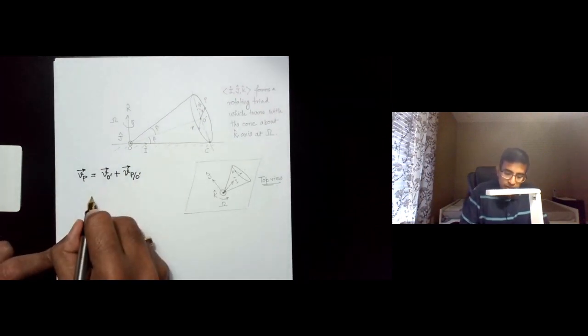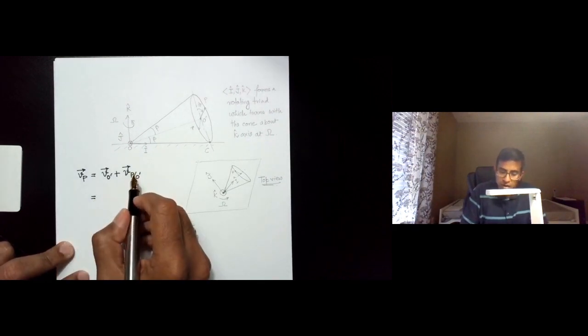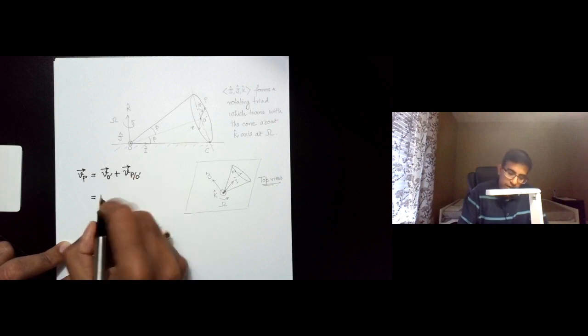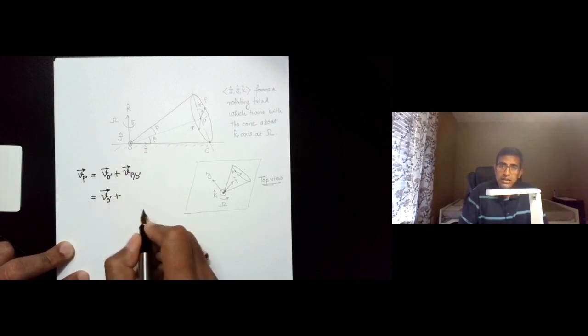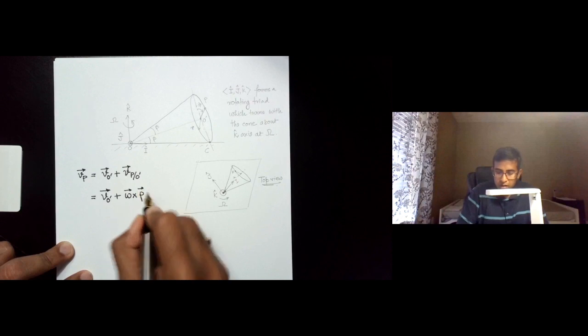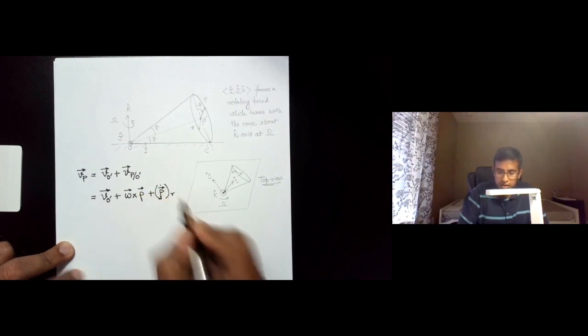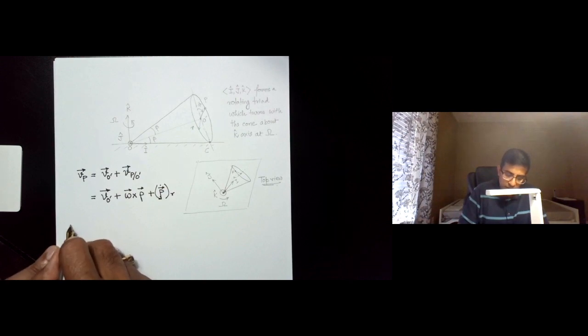And one thing, if you recall from our previous videos, is that whenever we use a rotating frame, then this relative velocity gets split into two parts. One is omega cross rho plus the other is rho dot r. So let me just explain.